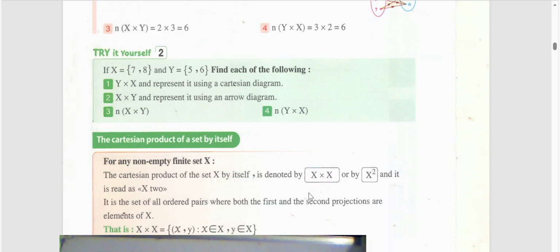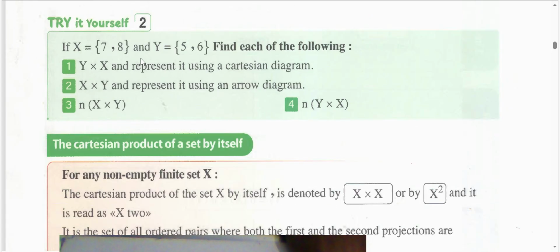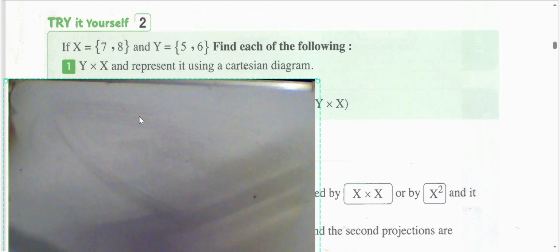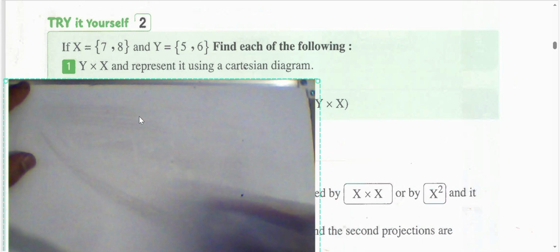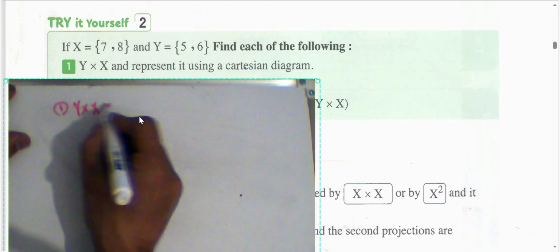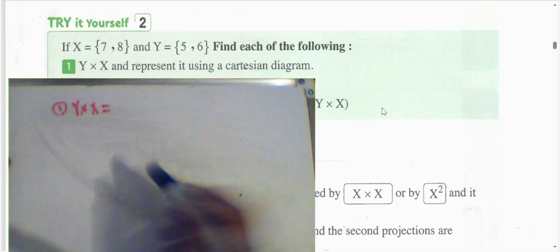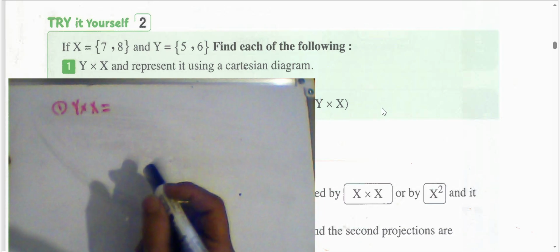Now I will solve number 2 with you. Number 2 here: if X equals 7 and 8 and Y equals 5 and 6, find number 1, Y Cartesian product by X. We can find the relation between them using a Cartesian diagram.